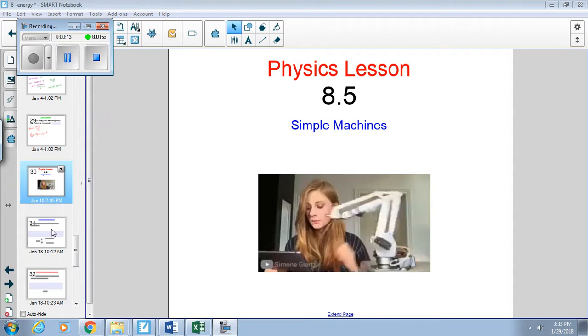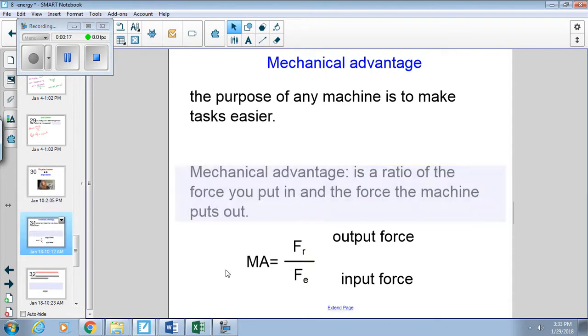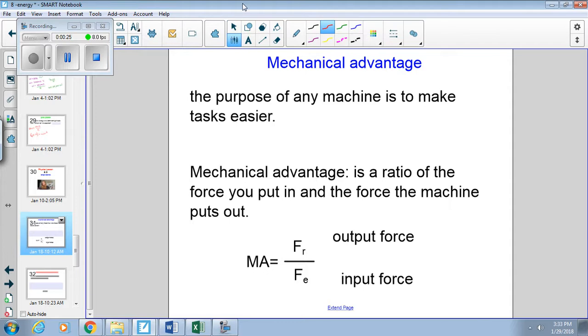The idea of any machine is to make your life easier. So we measure this in something called mechanical advantage, and this is the ratio of force that you need to put in versus how much the machine puts out. So FR here is your resistance, also known as your load force.